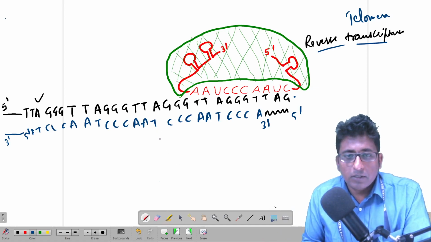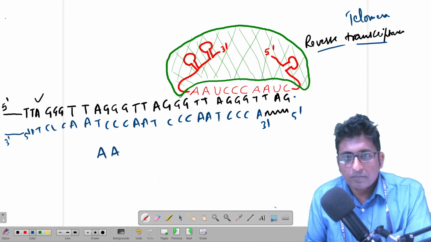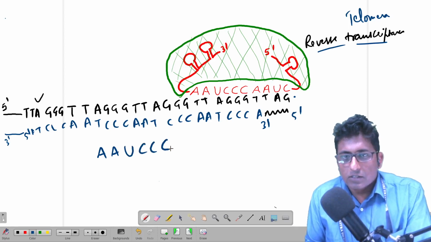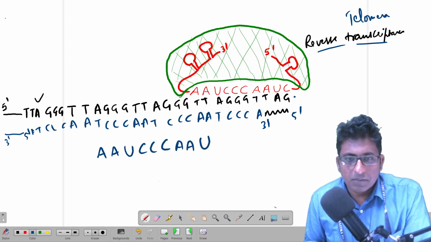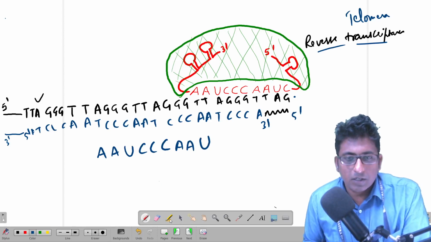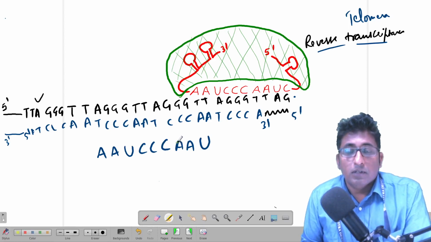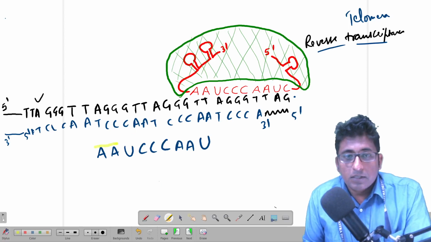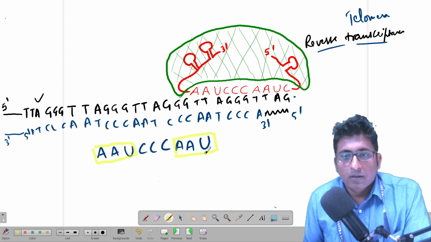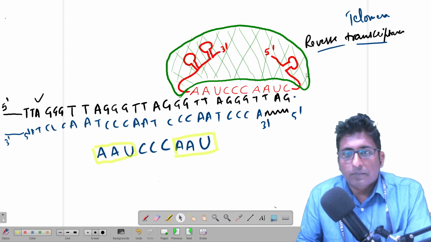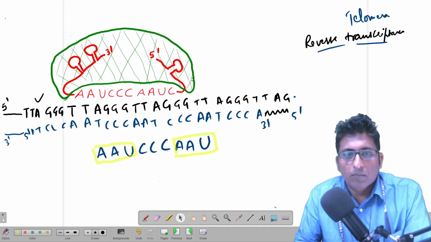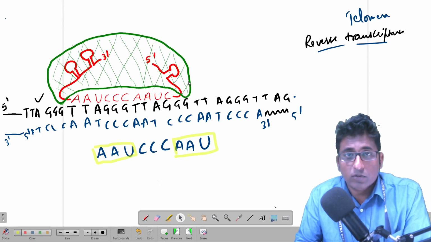If we look at the structure of the RNA template, you can see a certain kind of symmetry, and that symmetry is important or essential for the steps to happen. You can see that this is a region AAU, and it is followed by another same repeat of AAU, and that is what allows the telomerase to move from one location to the translocation step.